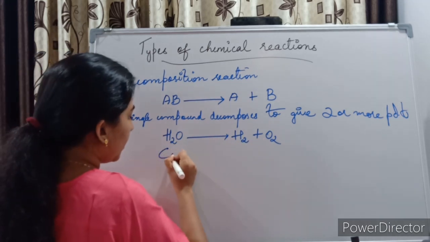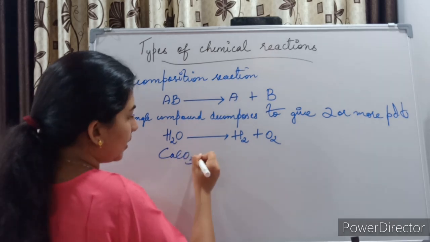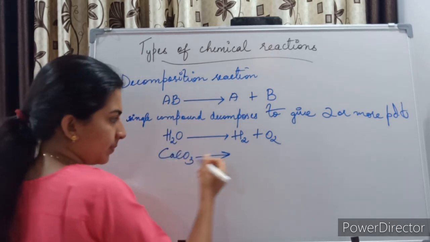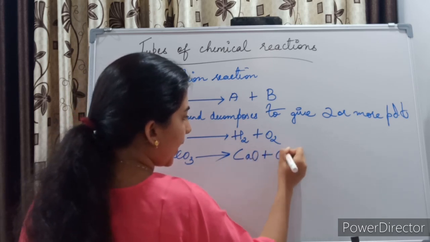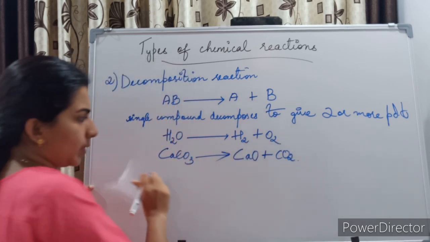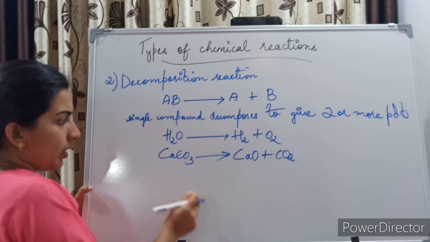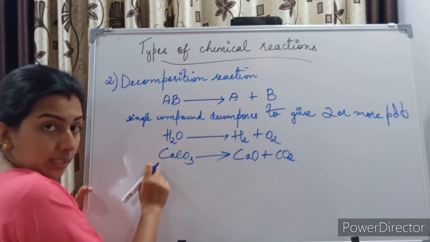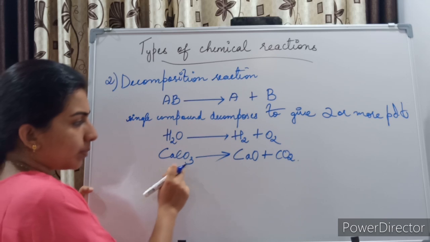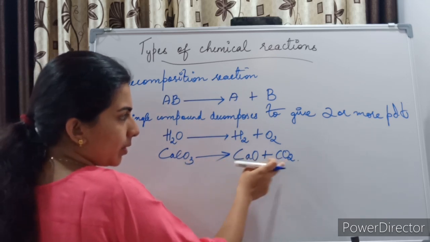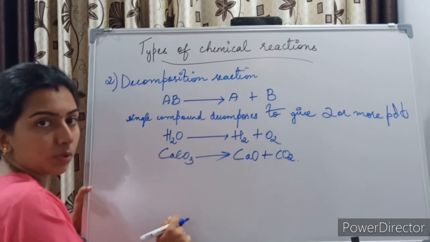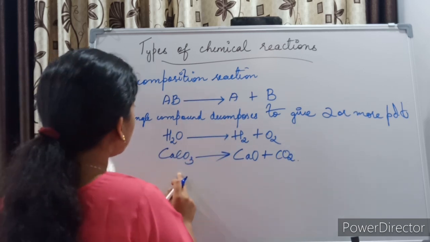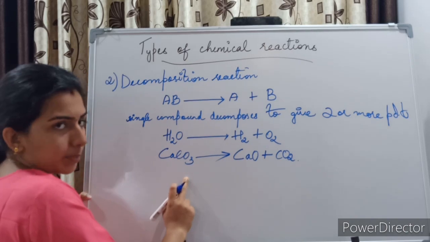Next, calcium carbonate, CaCO3, is a single compound. It decomposes to calcium oxide and carbon dioxide. That is two products, so they are breaking down and giving more products. So this is about decomposition reaction.